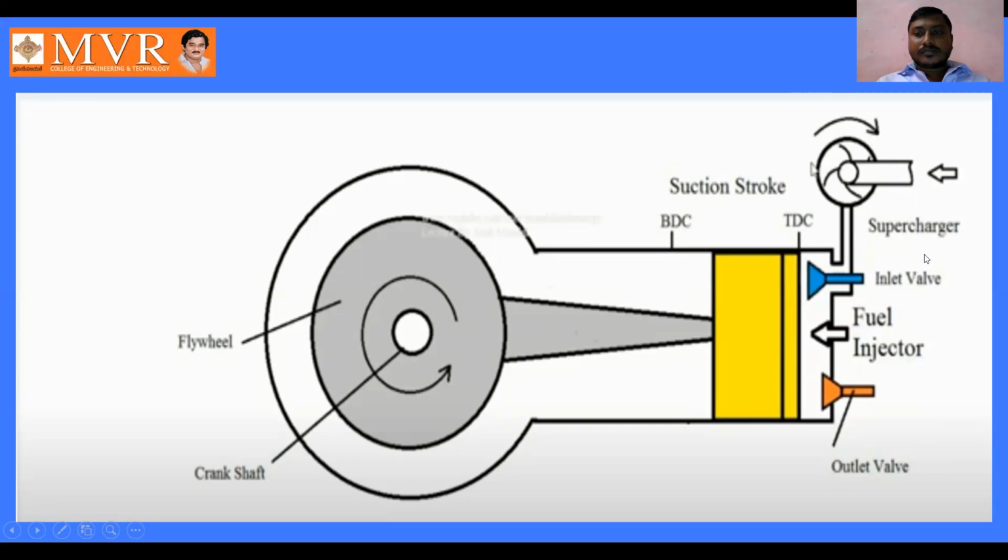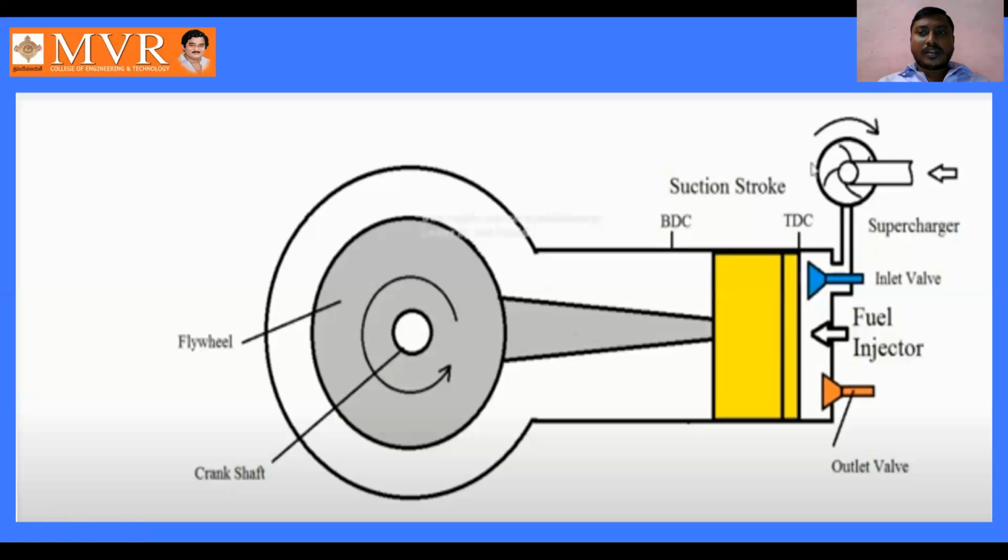We all know the working principle of the diesel engine: when the inlet valve opens, air is sucked inside the engine cylinder, and after compression, the fuel injector injects the fuel into the engine cylinder.